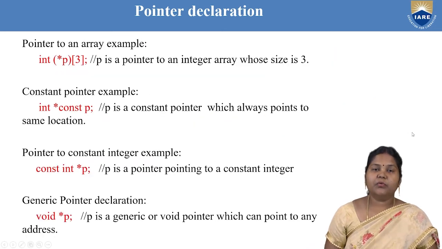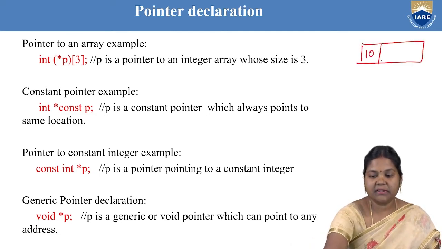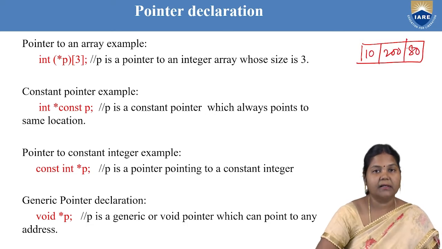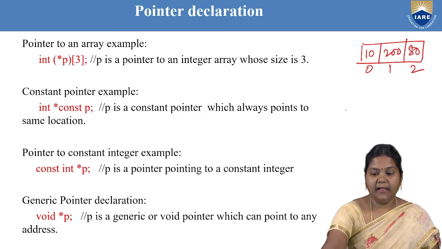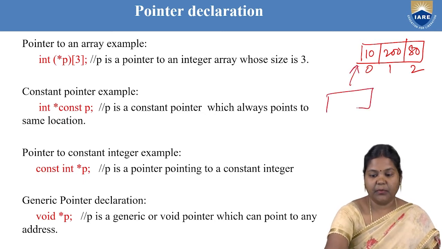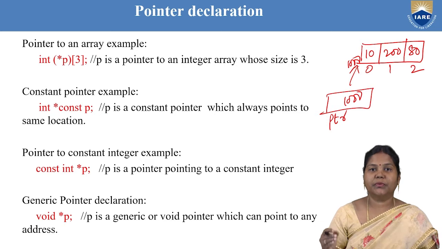Now let us go for a pointer to an array. Suppose we have an array containing some values, 10, 20, 30, and this array is of size 3 and its address is there in a pointer. So this PTR contains 1000, which is nothing but the address of the array. Then this is called a pointer to an array.